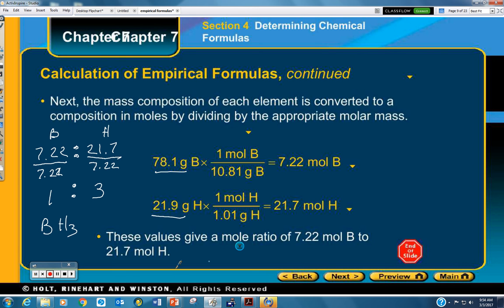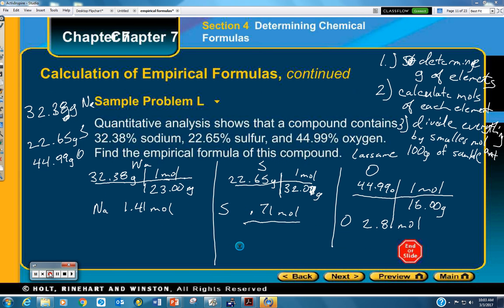Let's move forward with another example. Everything is going to be divided by 0.71. So that means we have 1 here, 0.71 would be 2, and 2.8 divided by 0.71 is about 4. So we have a 2 to 1 to 4 ratio.